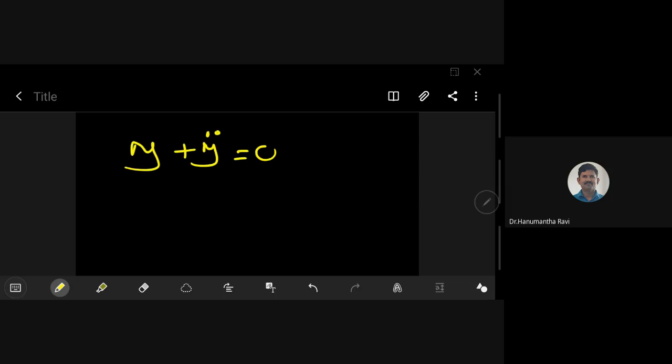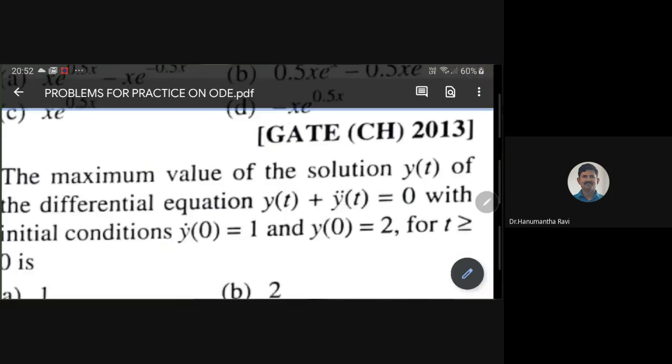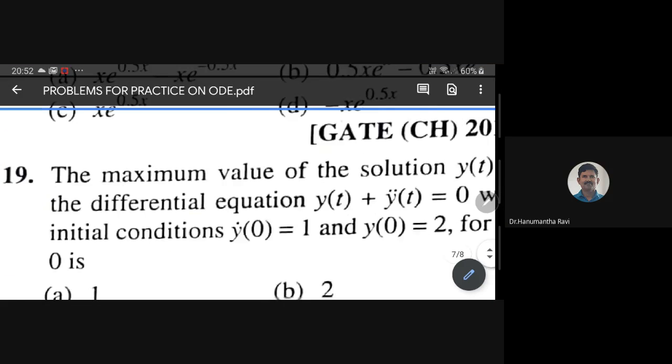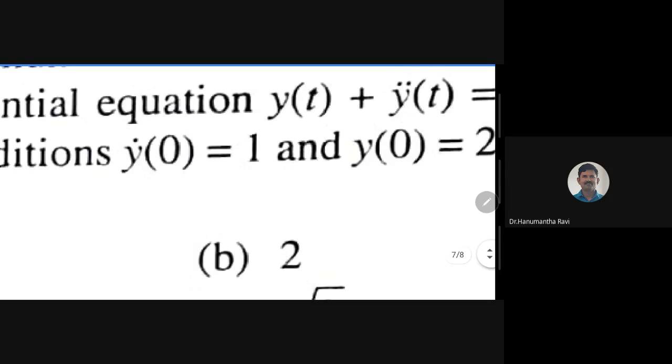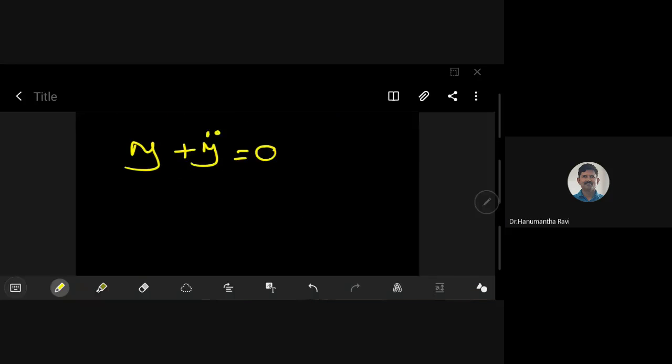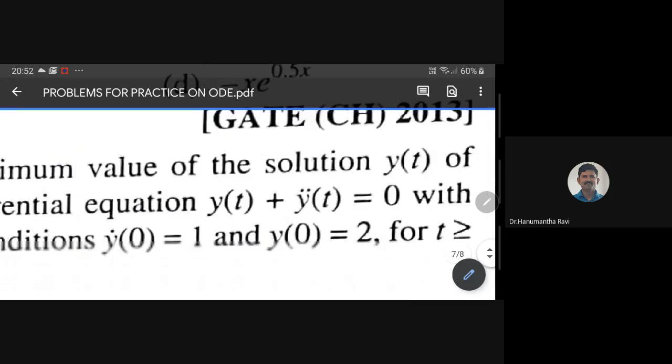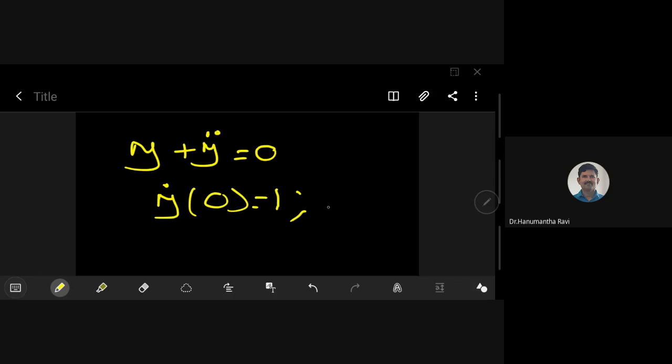That is given. Then y dot 0 is 1, and y(0) is 2.